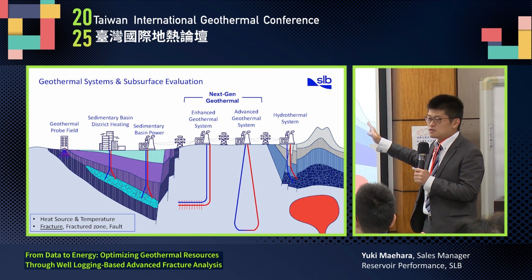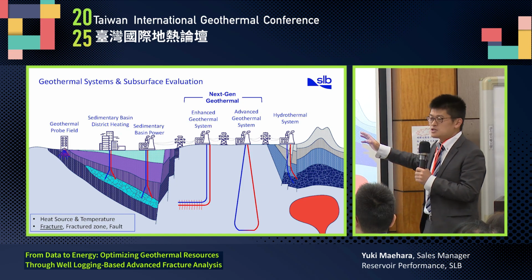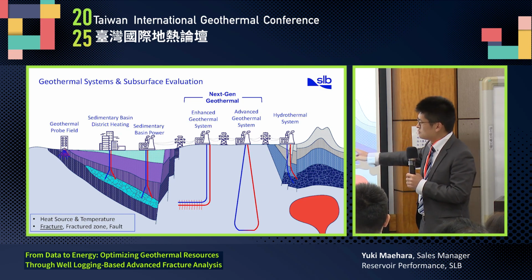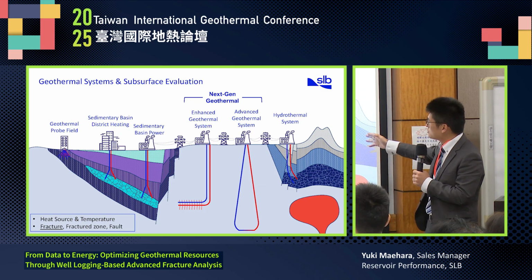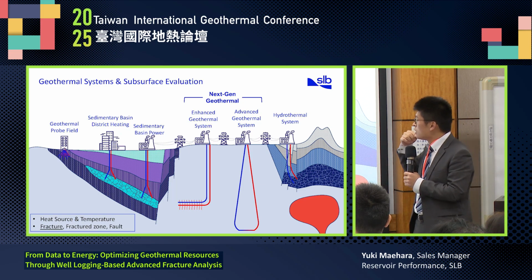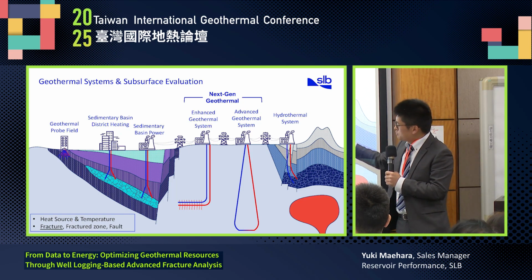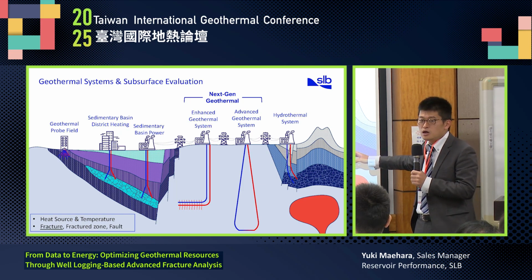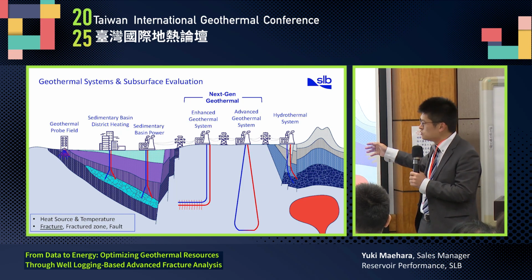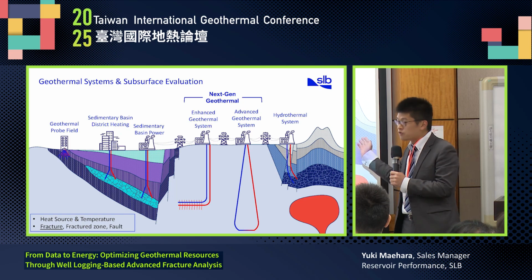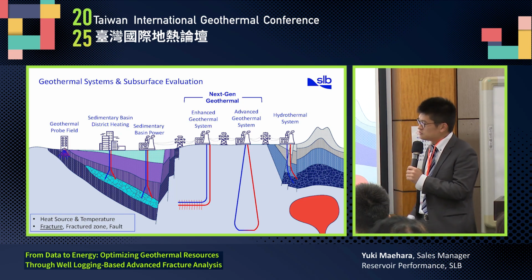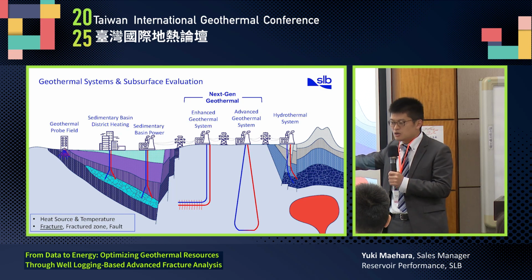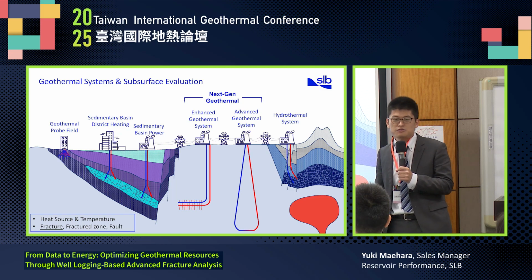By just looking at this illustration, you can see that in the reservoir part there are a lot of fractures, in the sedimentary part and the conventional geothermal part. Basically, we need to understand, as Tito also presented, how fractured it is, because we need to have fluid flowing through the reservoir, through the fracture. On the other hand, in next generation geothermal, we don't have fracture here, but we need to understand fracture.